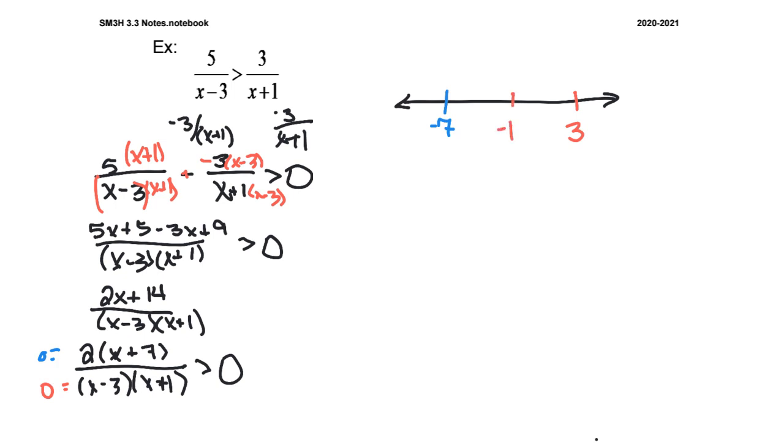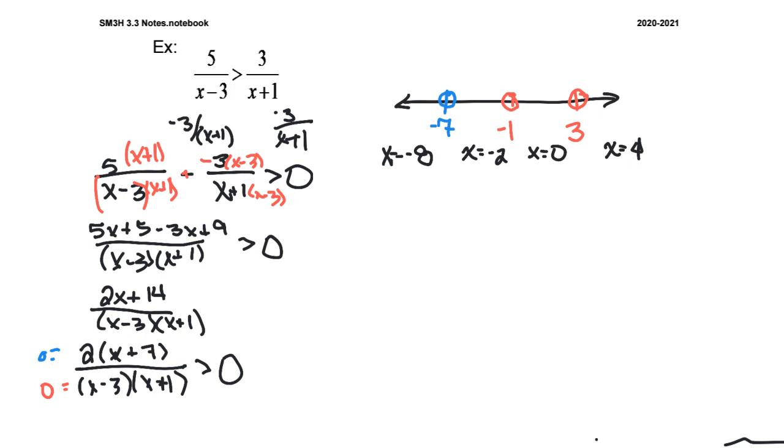And then we never allow the function to be equal to our undefined values because it's undefined. And this specific one is not equal to 0, so I have to not include the 0 either. Then we're going to test intervals. So I'm going to test -8 to test that far interval. And then I'm going to do -2, 0, and 4. That's going to test all of my intervals.